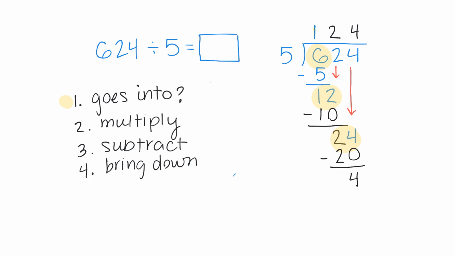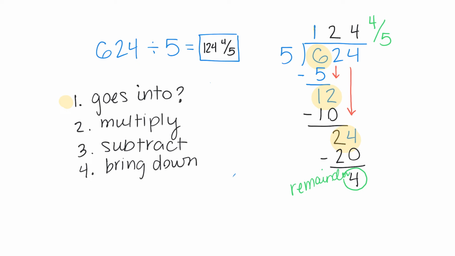But this time, my remainder is 4. And what I'm going to do with that is I'm going to make that into a fraction, and I'm going to put it over the number I divided by, which is 5, 4/5. So my answer is 124 and 4/5.